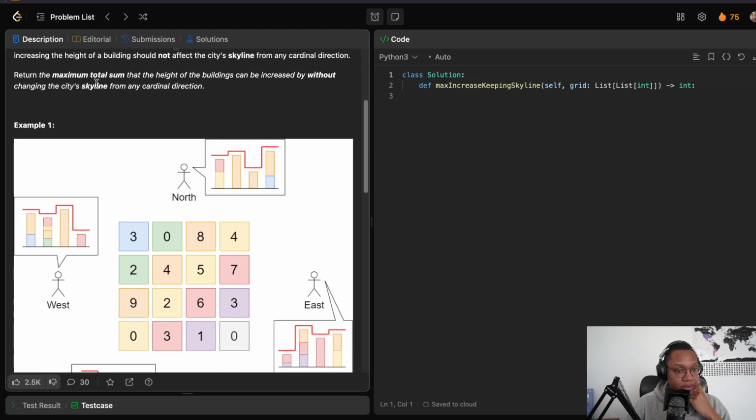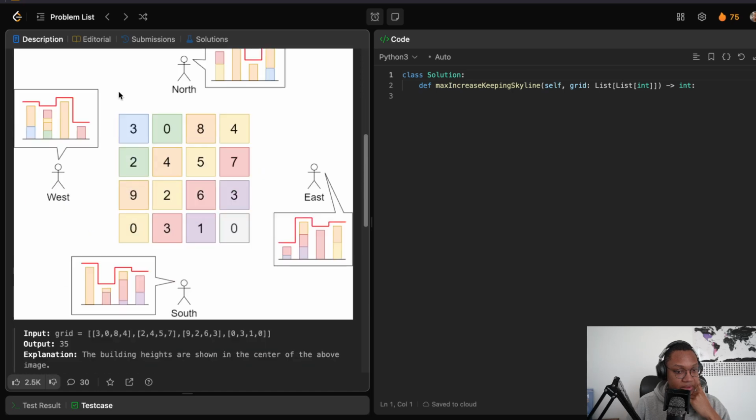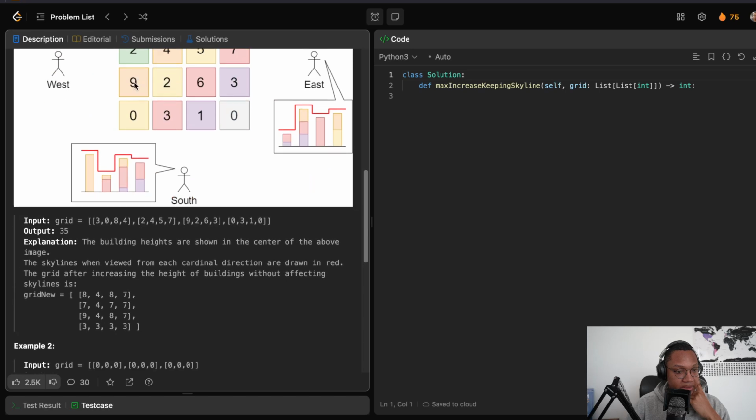Return the total sum that the height of the building can be increased without changing the city's skylines from any cardinal direction.